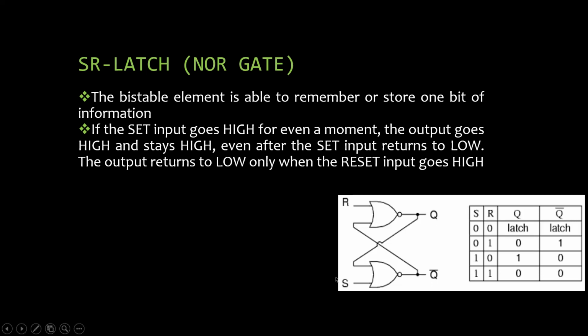Once we put S as high, even if we then give 0 for that, Q will be 1, which means the output will be high. When we reset, that means when we make R as 1, it will go low. Until then it will remain high. That is the main thing we have to know about this SR latch.